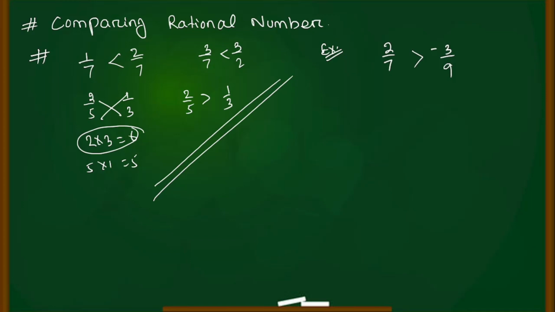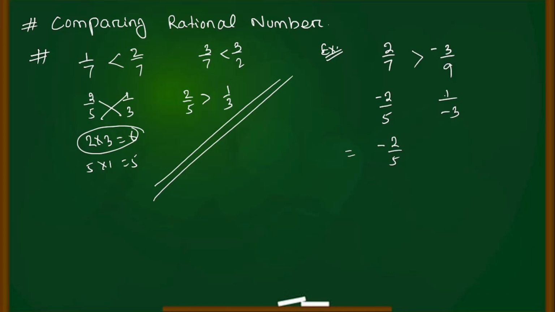And another type is, suppose minus 2 by 5 and 1 by minus 3. So how to solve? How to compare? First of all convert into standard form, then compare, otherwise it will be incorrect. Okay, so first we convert into standard form. Minus 2 by 5 is already in standard form, but 1 by minus 3 is not in standard form.